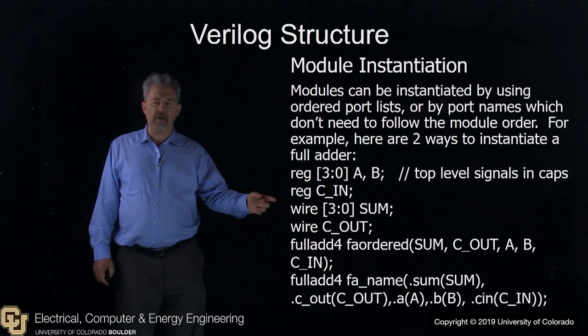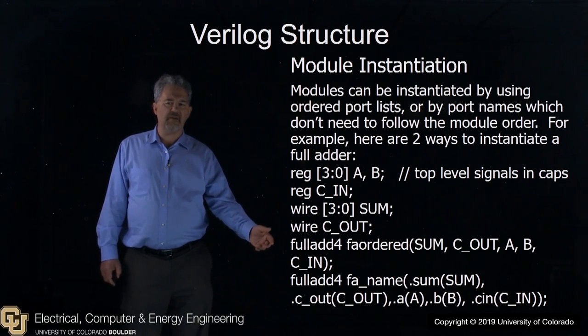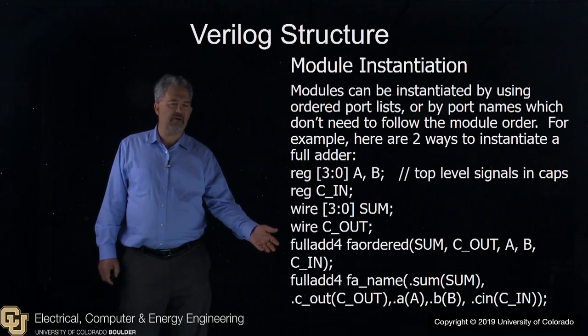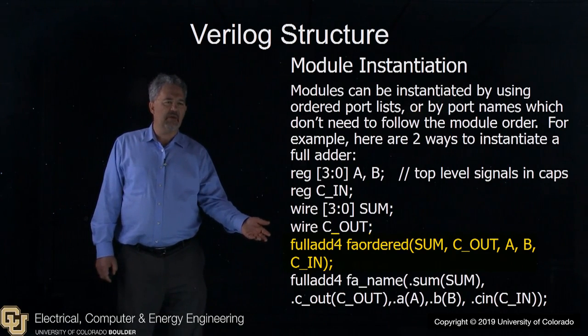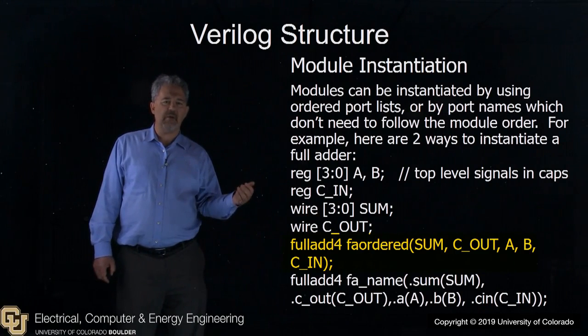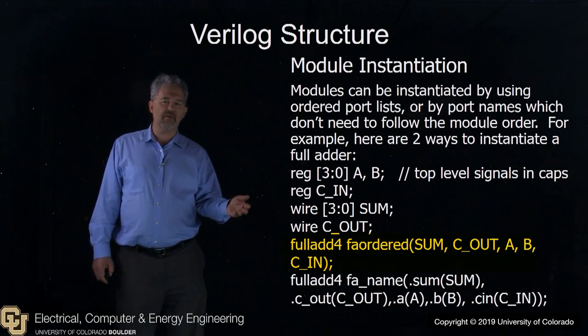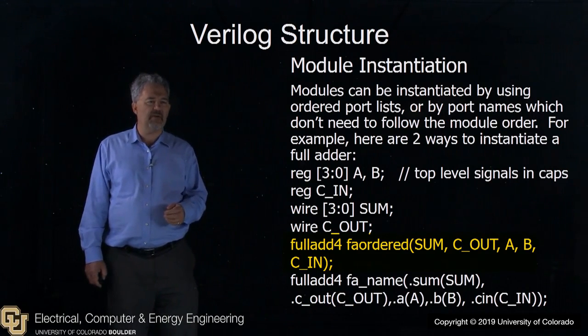So in the example that we have here, you see a couple of instantiations, both for 4-bit full adders. In one case, you're using the ordered way of doing things, where you have some Cout, A, B, and Cin. And those are top-level signal names, and they have to be in the same order. So they're going to be implicitly connected to signals that are listed in the same order within the module definition.